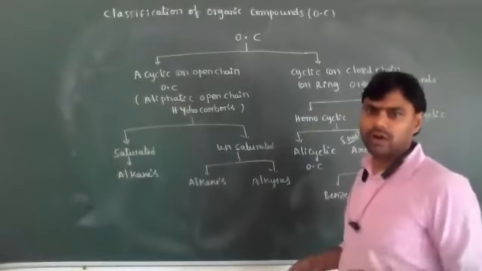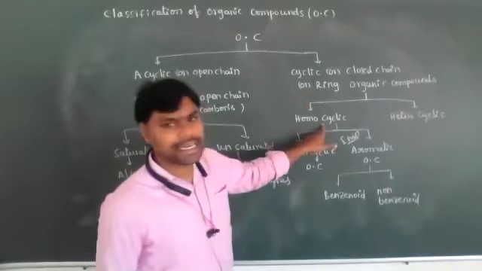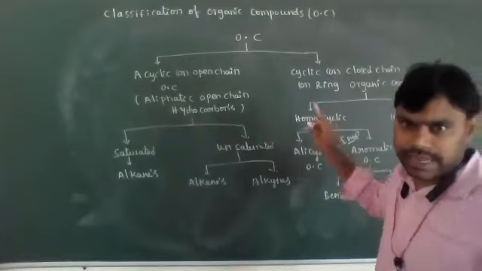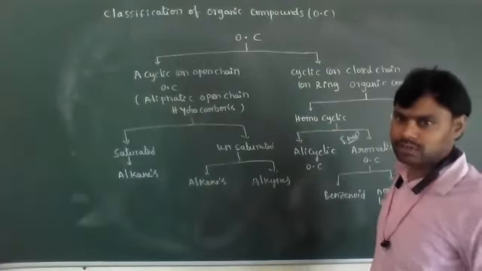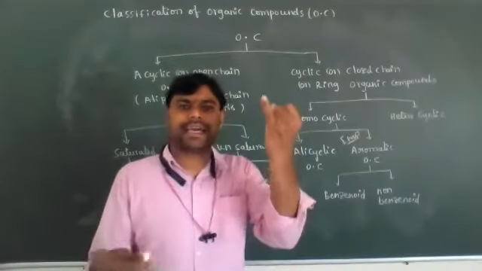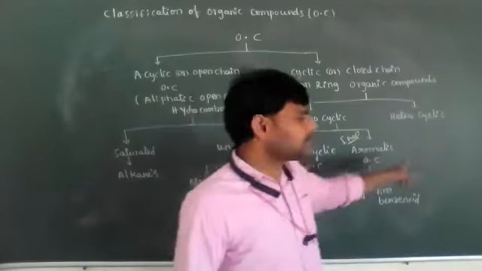Heterocyclic compounds. What is the meaning of heterocyclic compounds, dear students? Homocyclic means the cyclic ring has only carbon atoms. The ring is formed by carbon atoms. Those are called homocyclic compounds. Heterocyclic compounds means instead of carbon atoms, some other atoms like oxygen, nitrogen, sulfur are present in the cyclic ring.